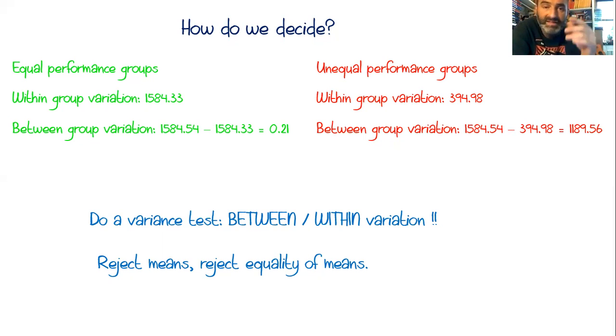Okay? But that is something else. Over here, I don't care which variance is the numerator, because there are two samples. I don't care if sample one is the numerator or sample two is the numerator. I want the large one to be the numerator so that I reject on the right-hand side. Over here, again, I reject on the right-hand side, but I reject only if between variation is large. Therefore, between variation is always the numerator in analysis of variance. Okay? And in the denominator, you're going to have within variance.